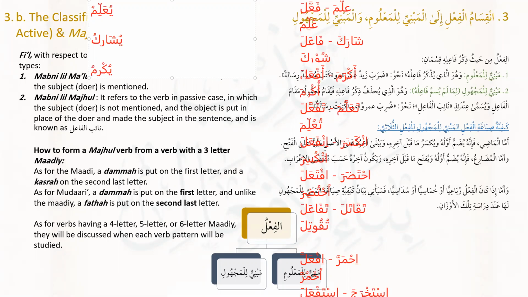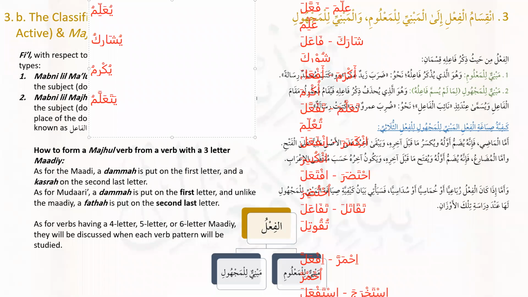What is the مضارع of تعلم؟ يتعلم. These أوزان of course are supposed to be memorized. For those doing it for the first time, you may think, how would I know this? It's so difficult. لا, it's not difficult. When you study them you will automatically, بإذن الله تعالى, memorize them.